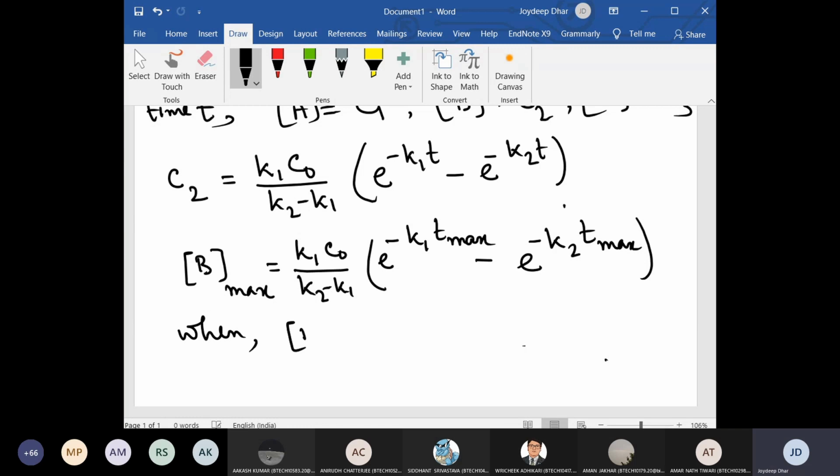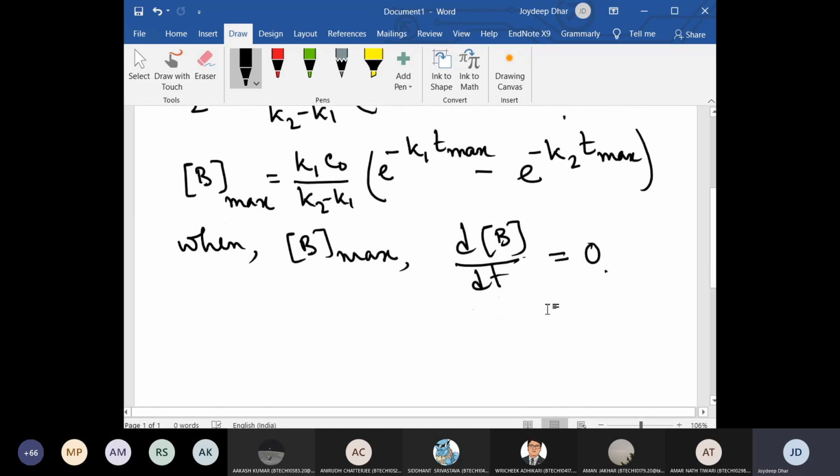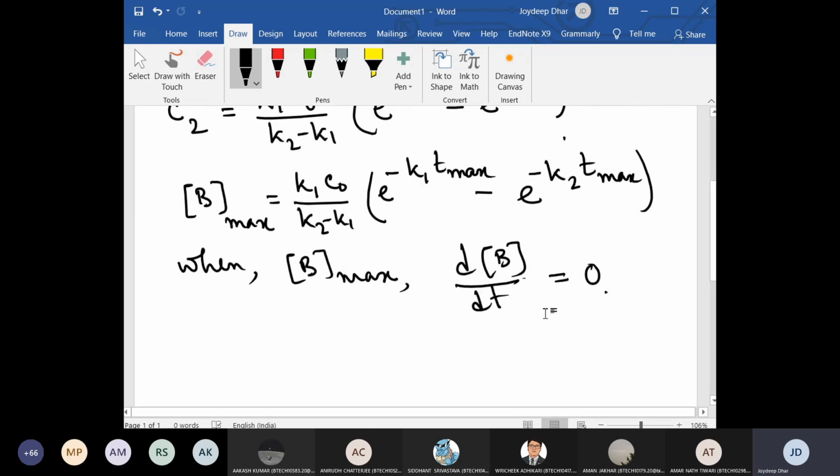when B is maximum, I can say dB/dt equal to 0. So this is the concept of steady state approximation. What is meant by dB/dt equal to 0?